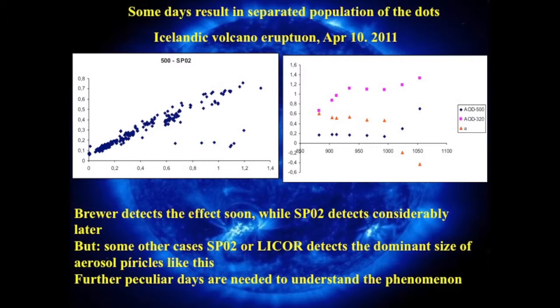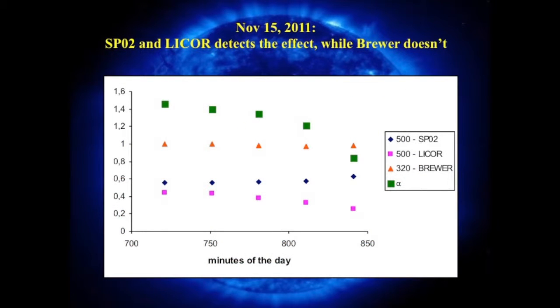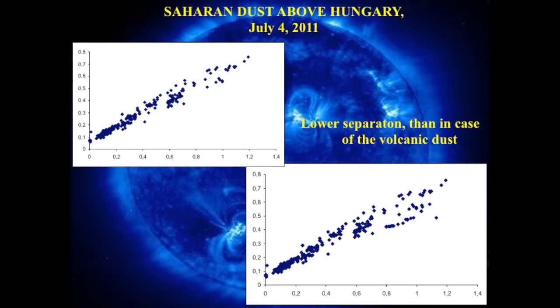Okay, this is another one, from the Icelandic volcano. You can find these dots very far from the main cluster, so it is also some peculiar behavior. Okay, we can jump it. And there is another, when the Saharan dust occurred in Hungary on 4th of July 2011.